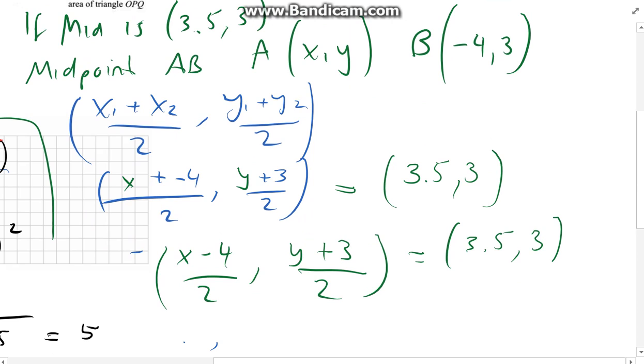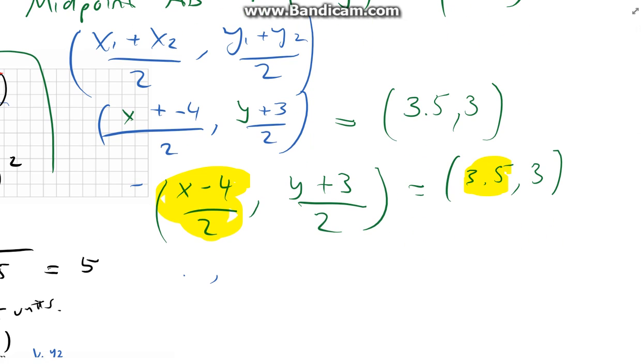So we know A is x and y. So you know that this whole coordinate here is your x coordinate, so you know that that's equal to this. Just don't forget that. So we'd have x minus 4 all over 2 is equal to 3.5, because that's the x coordinate.